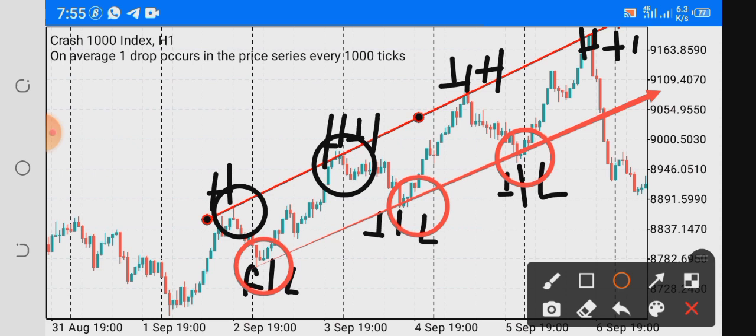It connects two or more higher lows, or two or more higher highs when we are talking about an uptrend. This is an uptrend, right? This market is going up. So this is basically what a trend line means when you hear about it.